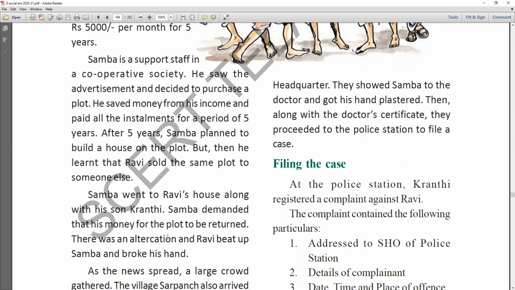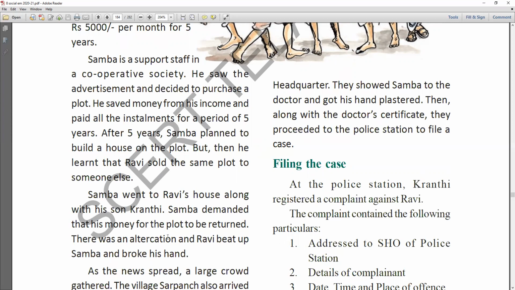Samba demanded that his money for the plot be returned. Because Ravi has sold the plot to someone else, Samba will not get it anyway. So at least he should get the money he has deposited all along these 5 years.